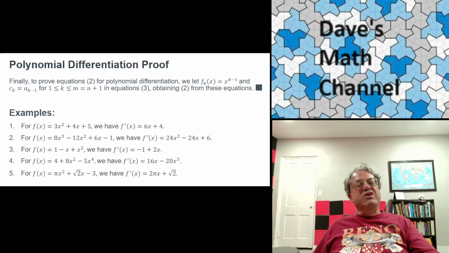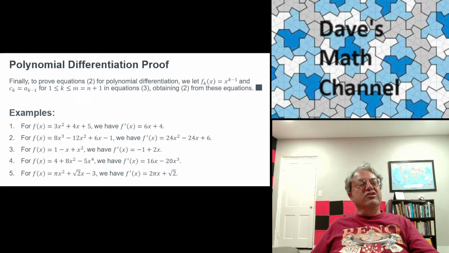So the second term is going to be minus 24x. The last term comes from 6x, and remember the derivative of x is 1, so the derivative of 6x is 6. And now we're done, because all we're left with is this constant minus 1 at the end. We don't worry about that. So that's how to differentiate the second one.